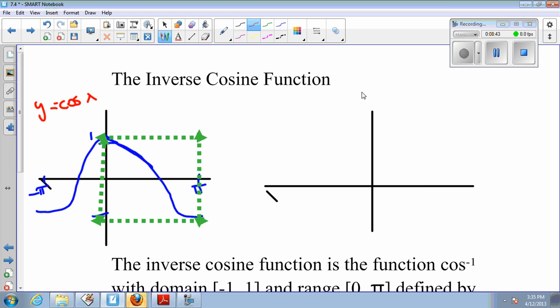So our inverse cosine is going to go from -1 to 1 on your x and from 0 to pi on your y. So we're going to start at 1, 0 because we started at 0, 1. I'm going to go up. Oh, that was kind of bad. There we go.